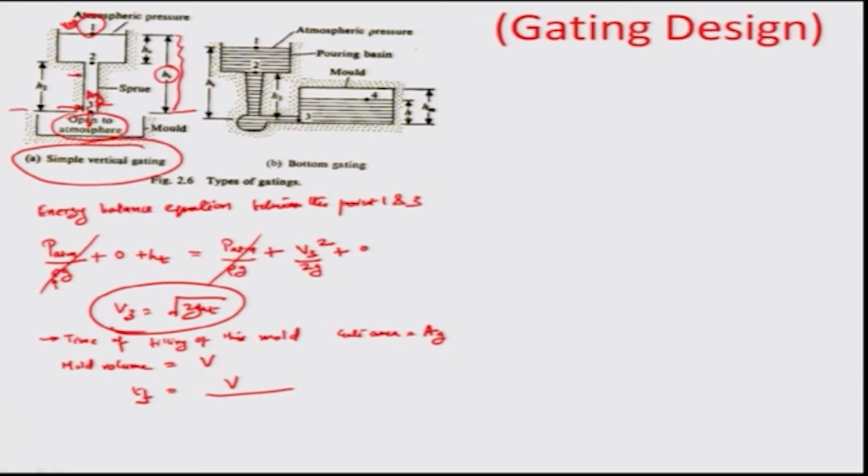Supposing there is a diameter d of this particular tube, then A g should be equal to pi d square by 4. Okay. So, velocity is V 3, gate area is obviously A g.